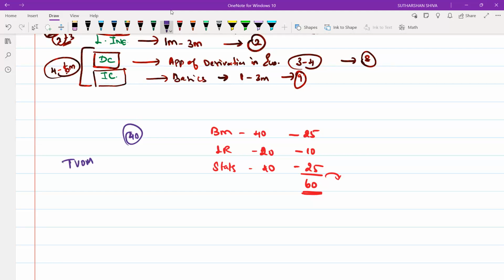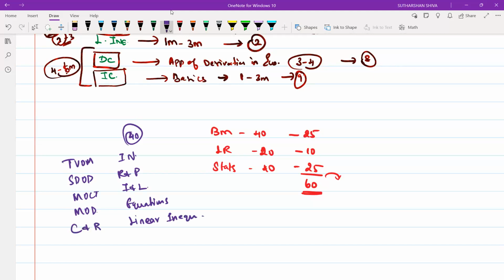Time value of money, statistical description of data, measures of central tendency, measures of dispersion, index number, ratio proportion, indices, log, equation, linear inequality, then correlation and regression, random variable alone.